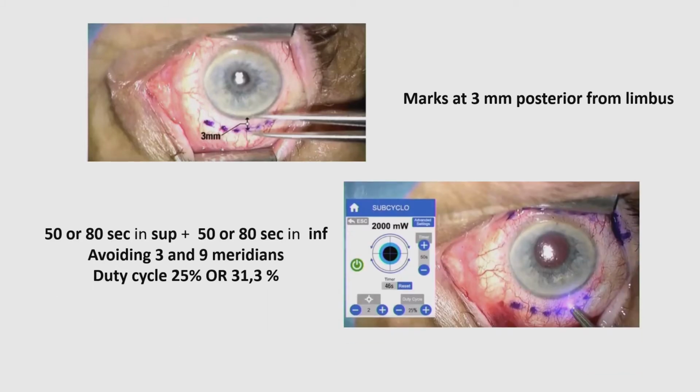The probe was applied 3 millimeters posterior to the limbus and maintained perpendicular to the sclera, moved in a sliding arc from 10 o'clock to 2 o'clock in the superior area and 4 o'clock to 8 o'clock in the inferior area, avoiding the 3 o'clock and 9 o'clock meridians.